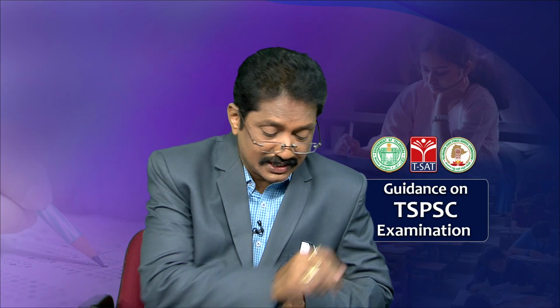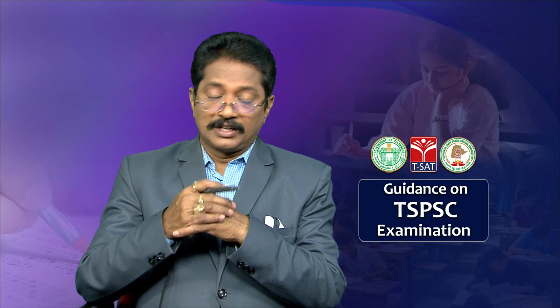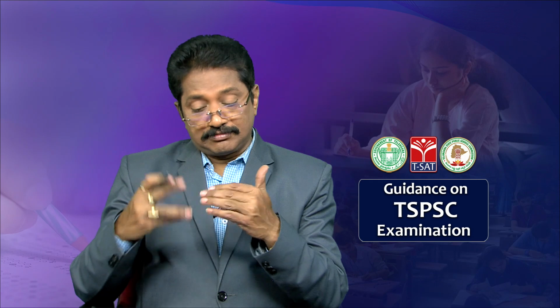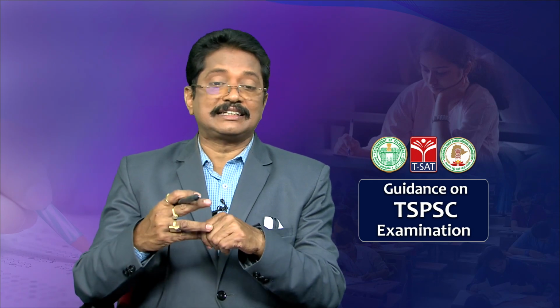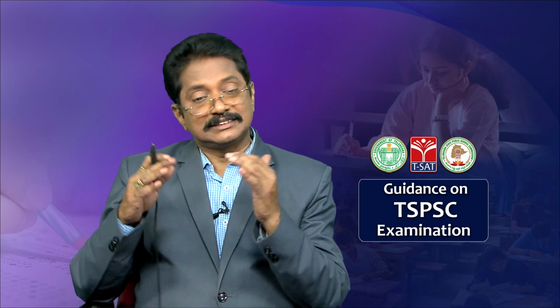Just now I discussed Boyle's law, and of course, we can say Ohm's law also, and the properties of resistance also: as the cross sectional area of the conductor increases, the resistance of the conductor decreases. Correct or not?